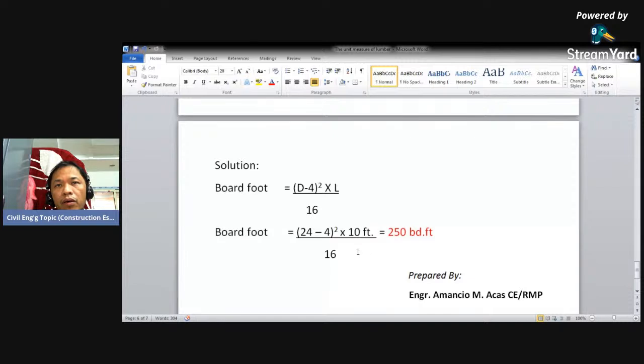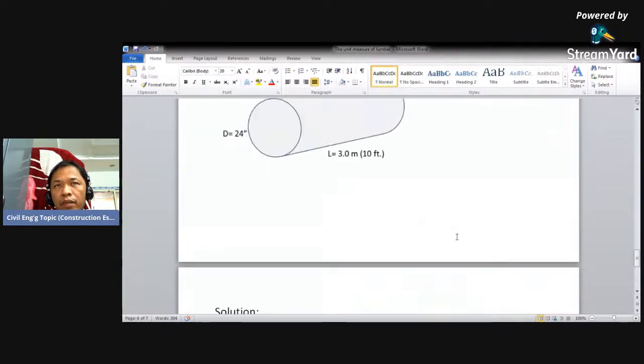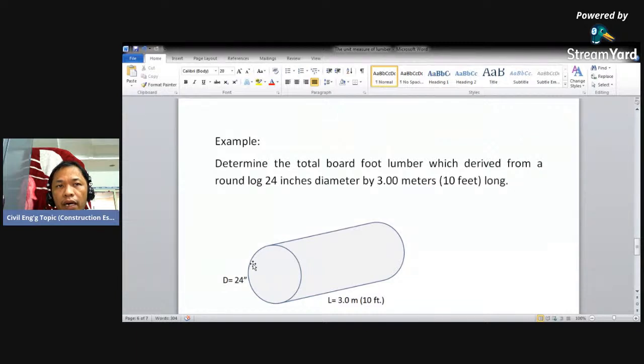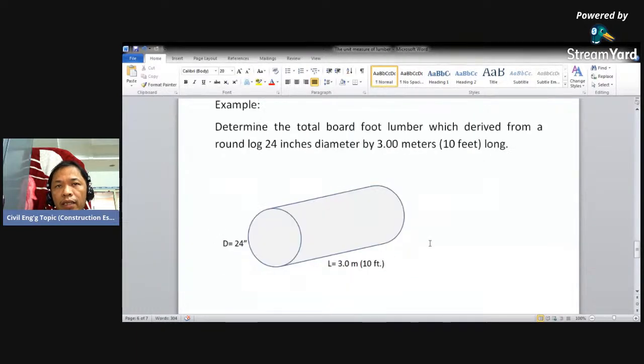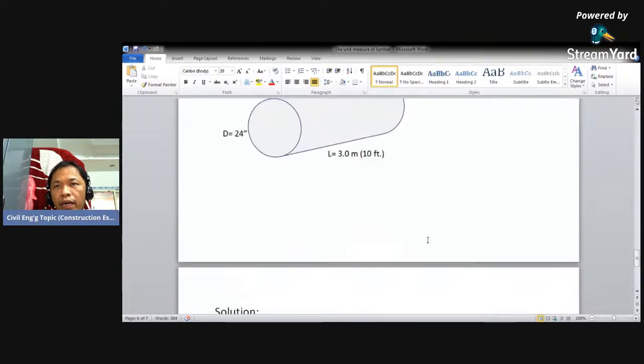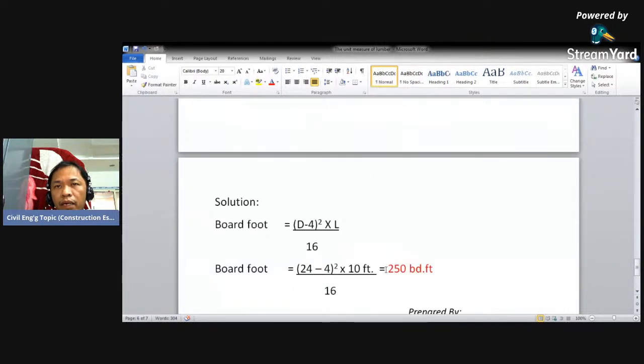So you need 250. You can take 250 board foot of this size of log. The diameter is 24 inches. The length is 3 meters. So you can take 250 board foot.